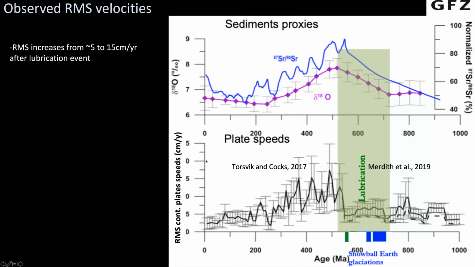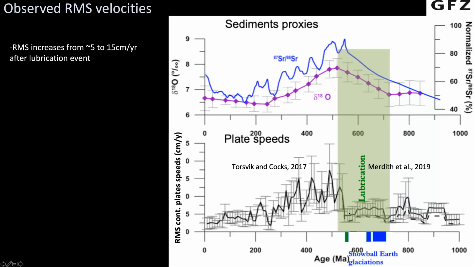Now in the bottom, we're plotting RMS continental plate speed for the same time period. So this is combining palaeomagnetic reconstructions from Meredith et al. and Torsvik and Cox. So you can see prior to the snowball Earth glaciations, the RMS plate speeds are roughly 5 centimeters per year.